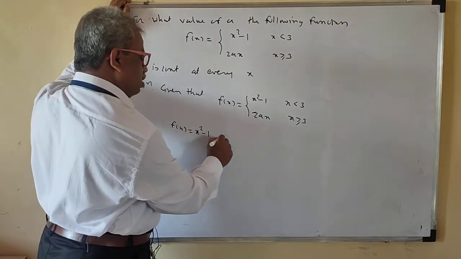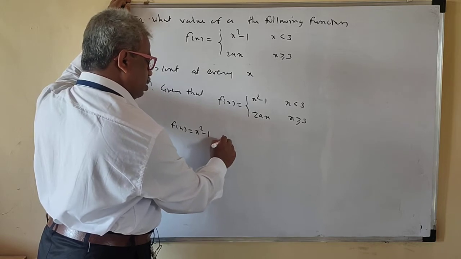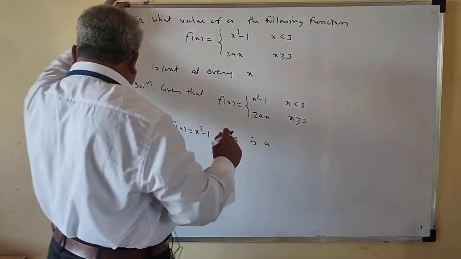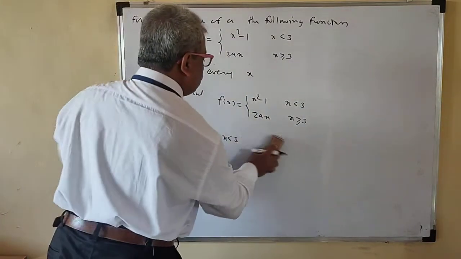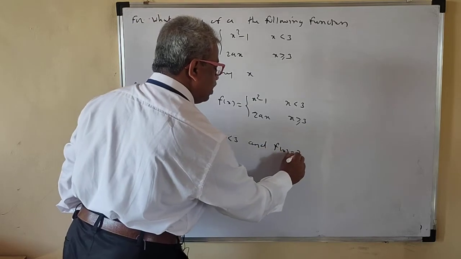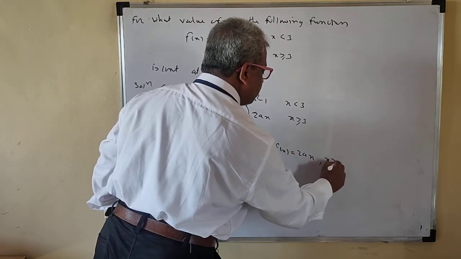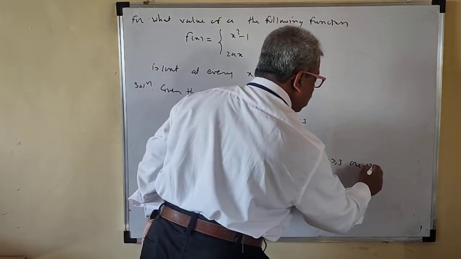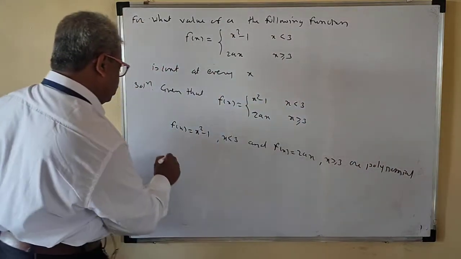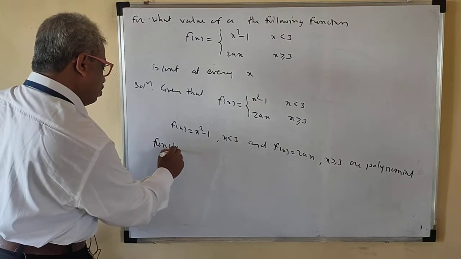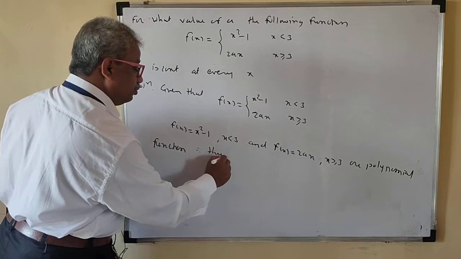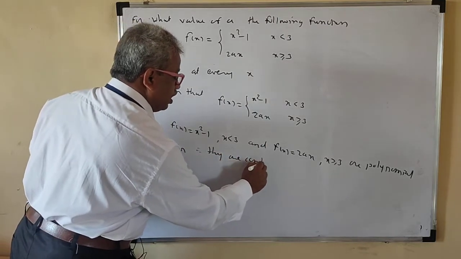So f of x is equal to x square minus 1 for x less than 3 is a polynomial function, and f of x is equal to twice ax for x greater than or equal to 3 is also a polynomial function. Therefore, they are continuous.